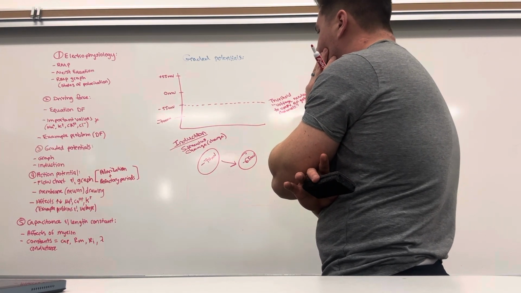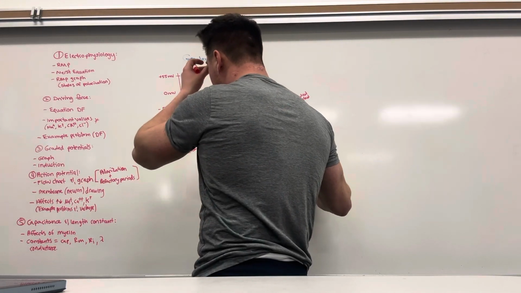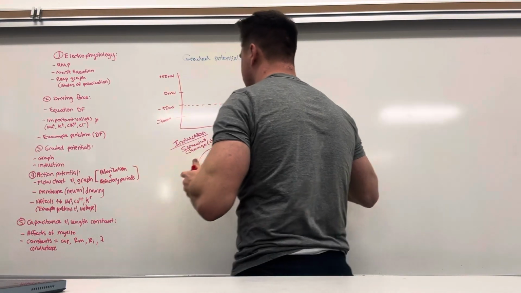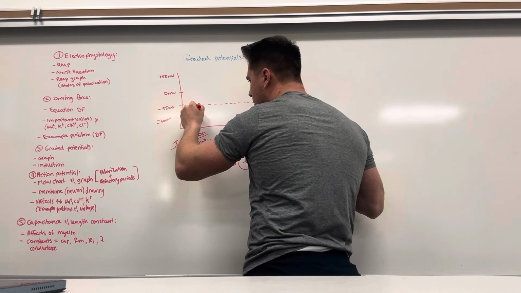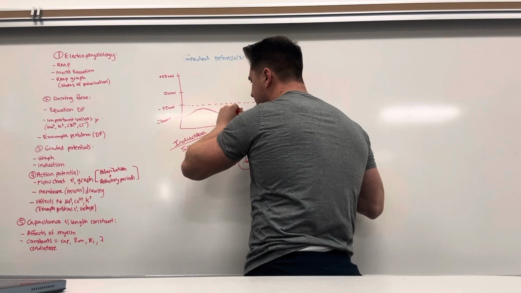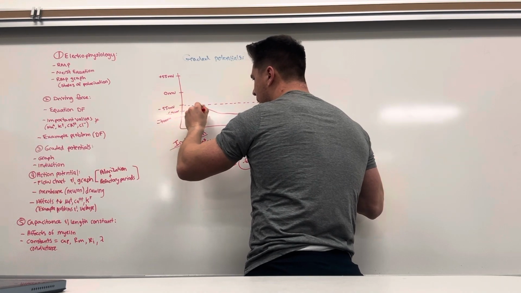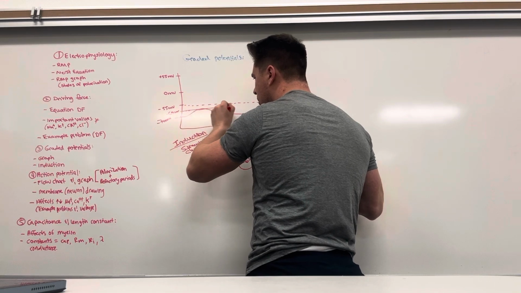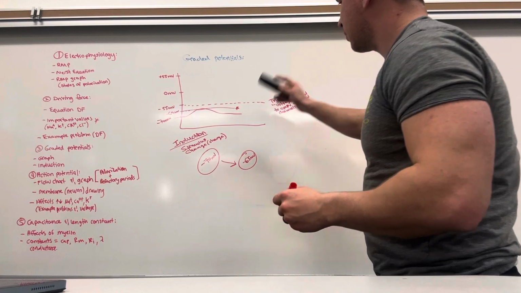But what ends up happening is we have this negative 70 millivolts. And where the graded potential is, you get close and then it comes back down. And right here would be that negative 65 millivolts, right? Where it came through, right there. And it's not enough to reach threshold.